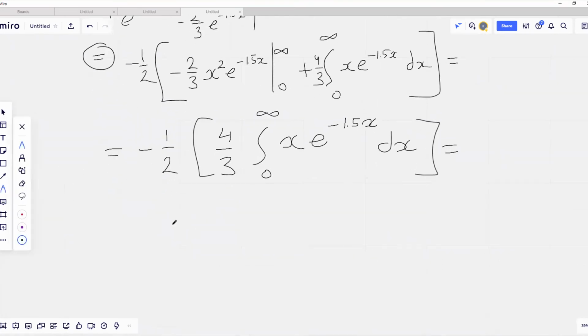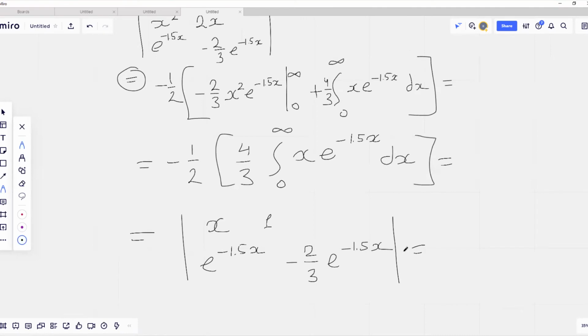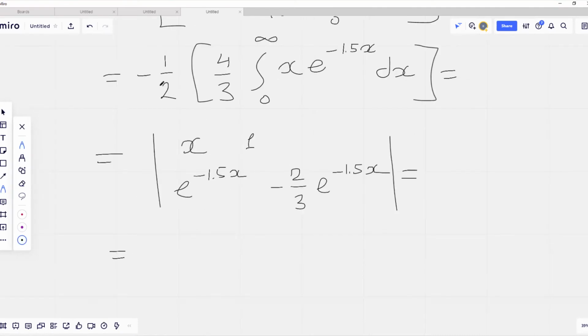Using integration by parts again, derivative of x is 1, e to the power of minus 1.5x. Derivative of that is minus 2 over 3, e to the power of minus 1.5x. So minus 1 over 2 multiplied by 4 over 3 minus 2 over 3.